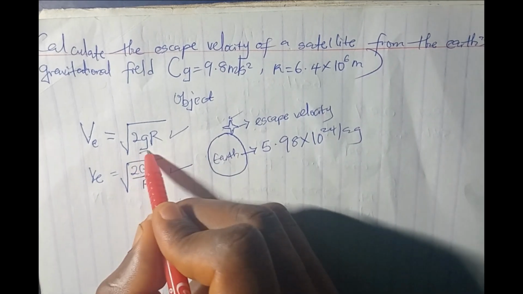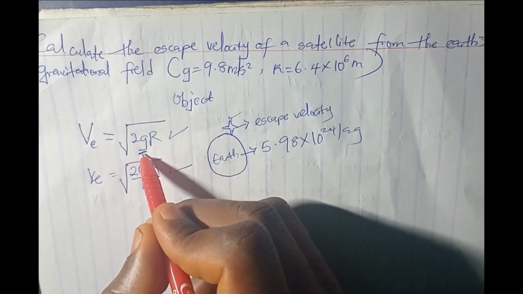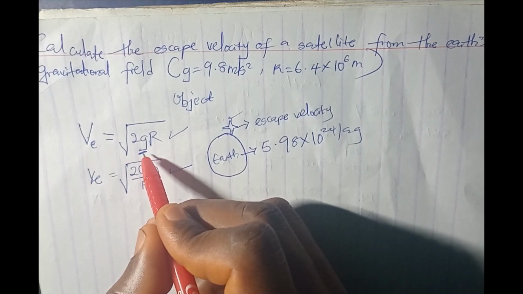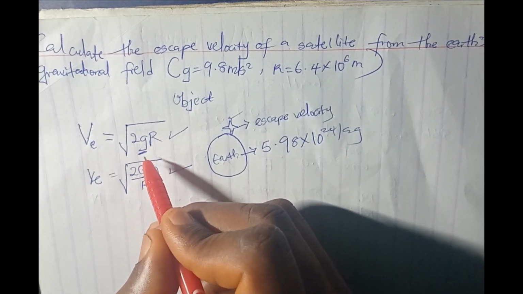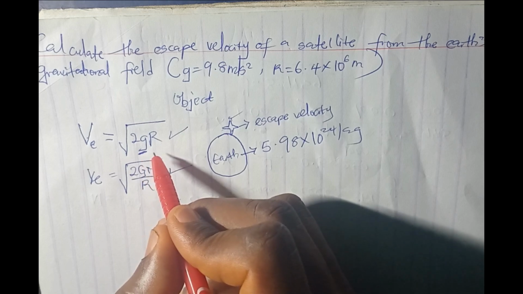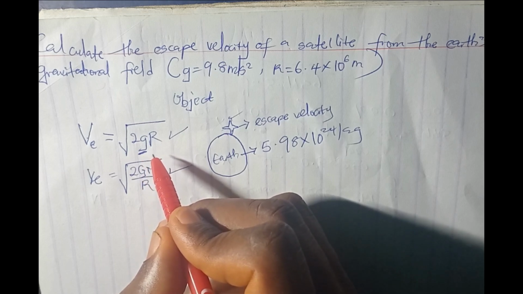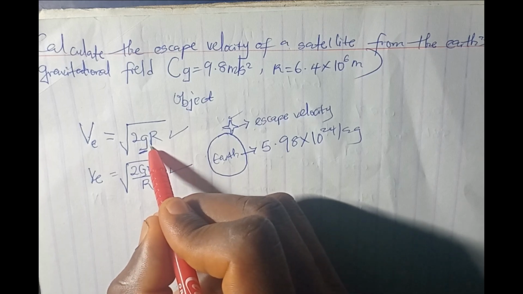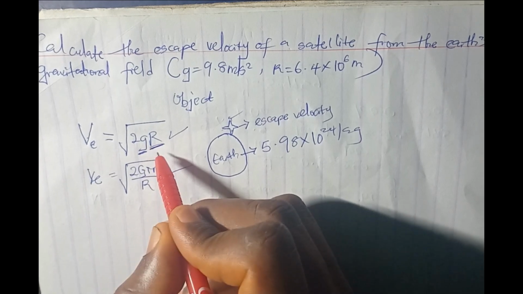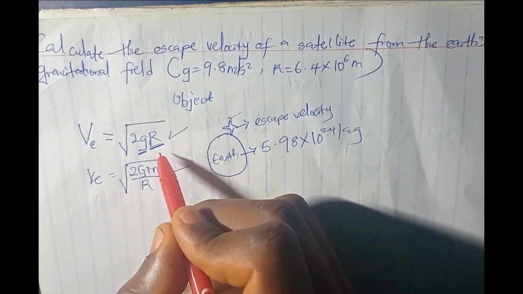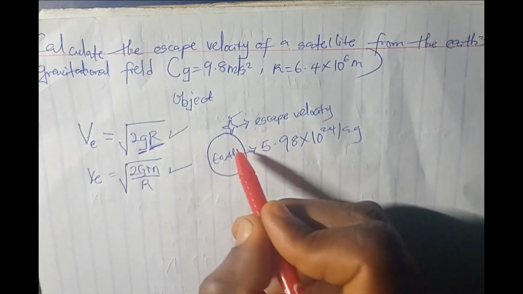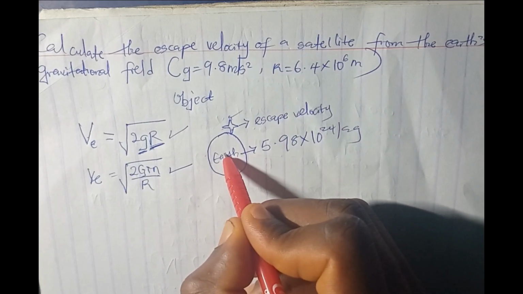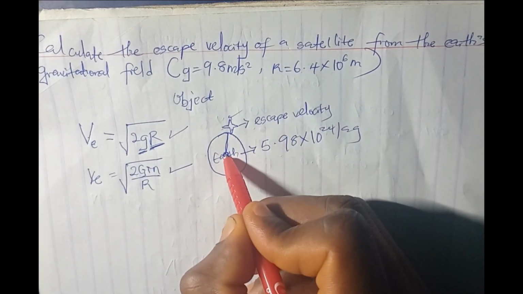Now, this small g means acceleration due to gravity of the astronomical body, that's of the Earth or of the other planets. Is that clear? This big R means the radius of the astronomical body. So if it is the Earth, we consider the radius of the Earth.